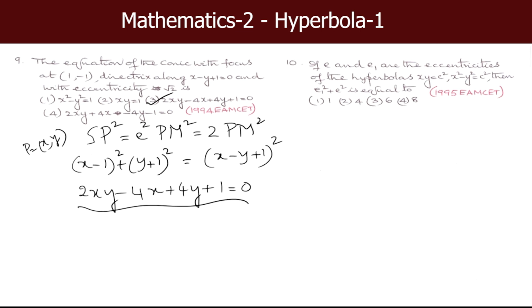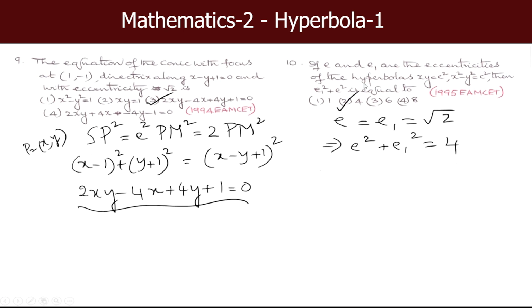Just now I have mentioned that by suitably selecting the axes of coordinates, the second form of the rectangular hyperbola can be reduced to the first form xy equal to c square, that is, by choosing the asymptotes as the axes of coordinates. So, both are rectangular hyperbolas. Therefore e equal to e1 equal to root 2, and therefore e square plus e1 square equal to 4. That is the second option.